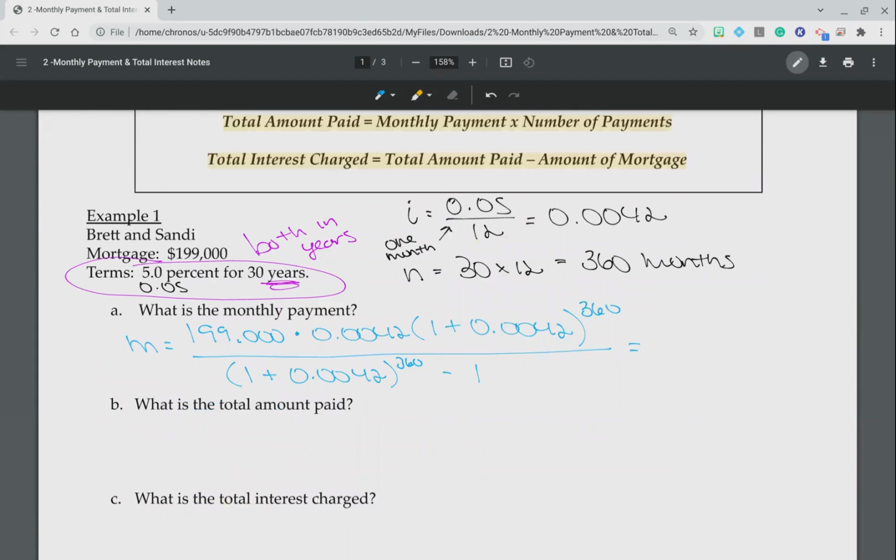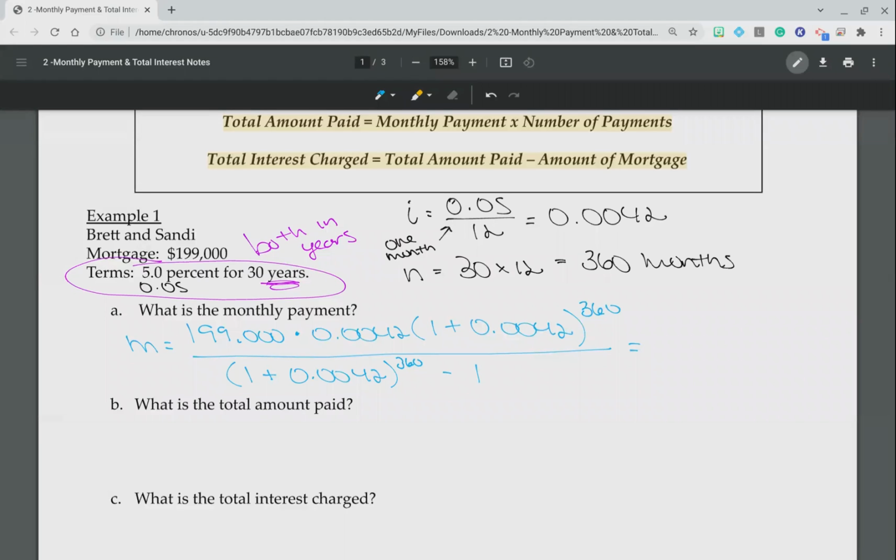Okay, now if you're doing this with a graphing calculator, use the alpha Y enter and plug it in like that. If you're not using a graphing calculator, I would recommend typing in the top part, getting a number, typing in the bottom part and getting a number, and then dividing those two numbers.